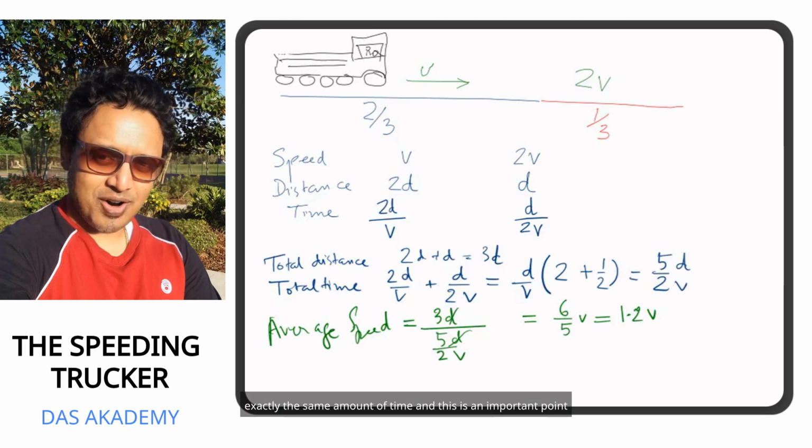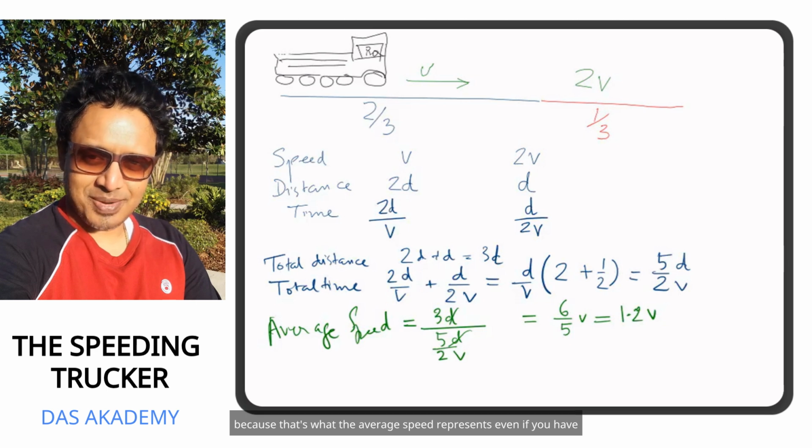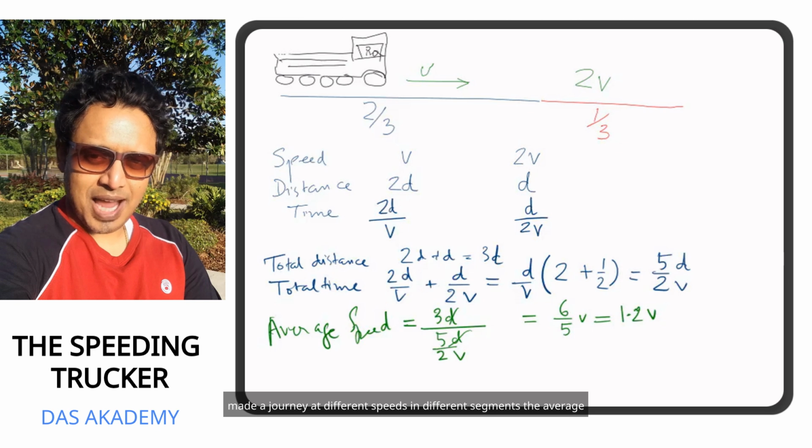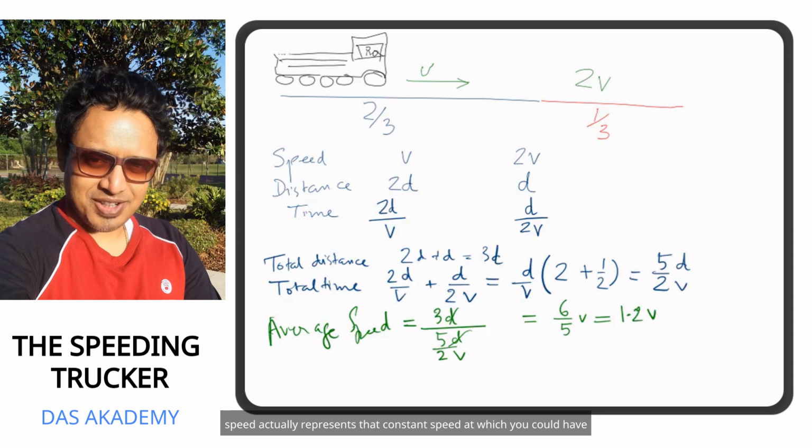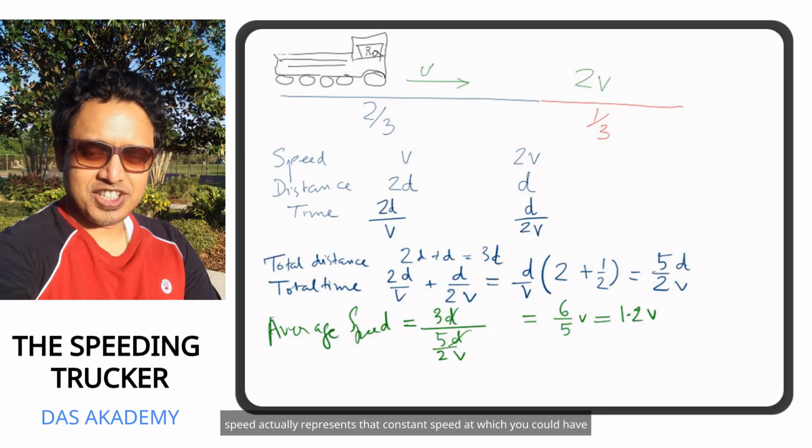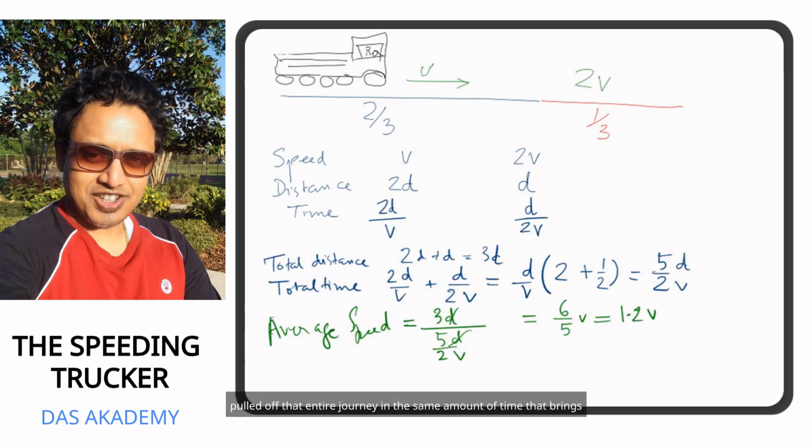And this is an important point because that's what the average speed represents. Even if you have made a journey at different speeds in different segments, the average speed actually represents that constant speed at which you could have pulled off that entire journey in the same amount of time.